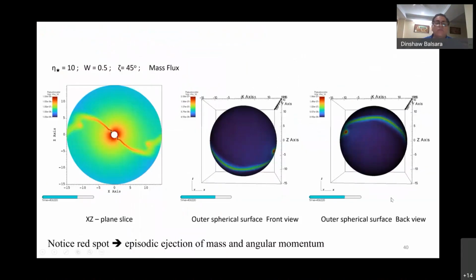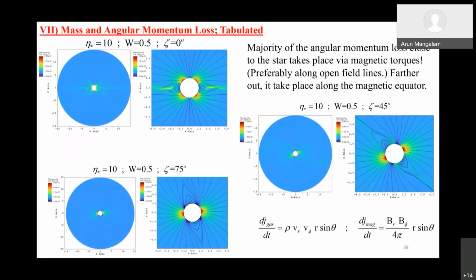So with this, if I were to ask the question, sorry to interrupt, it's a very interesting diagram. If I were to ask the question about angular momentum loss, there is a magnetic torque. I mean, there's a loss to the magnetic field by the magnetic torque. And then, in addition to this electromagnetic torque, you have the gas.